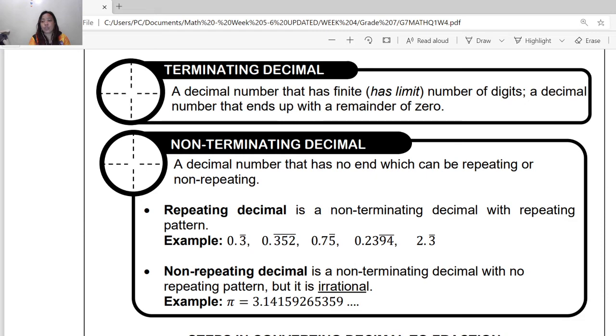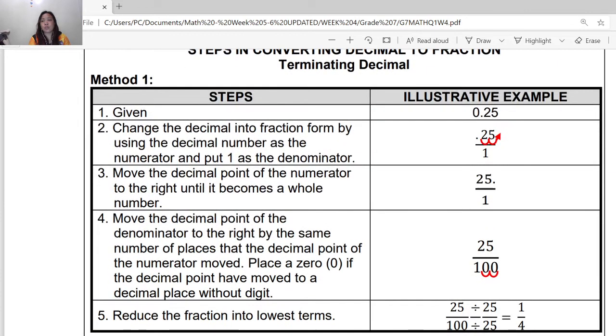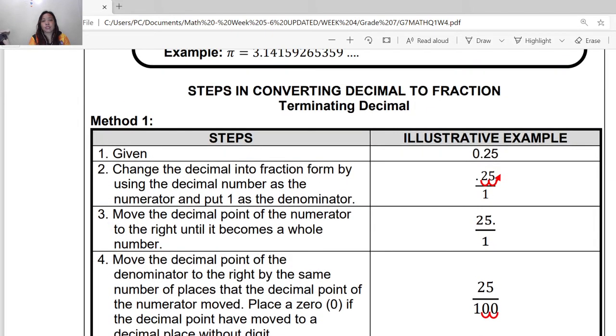Okay, so here are some steps in converting decimal to fraction. Our given is 0.25. Step 1 is to change the decimal into fraction form by using the decimal number as the numerator and put 1 as the denominator.